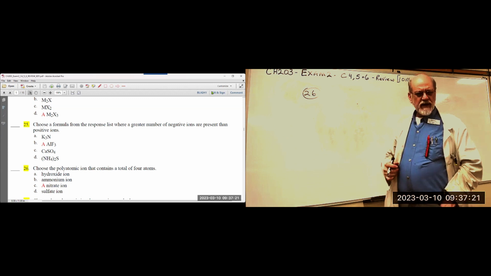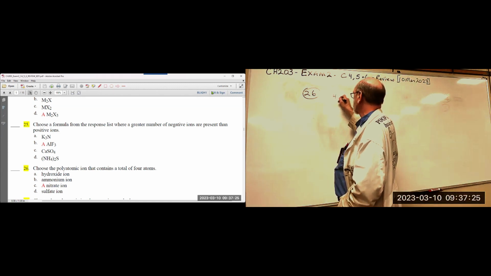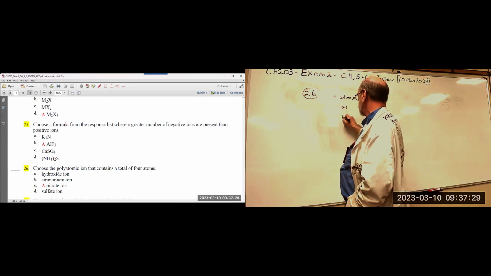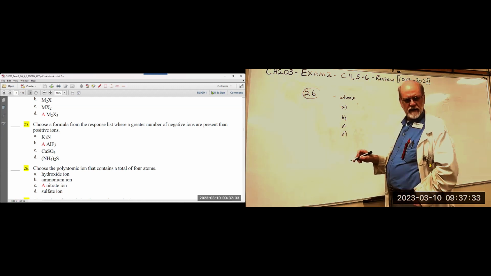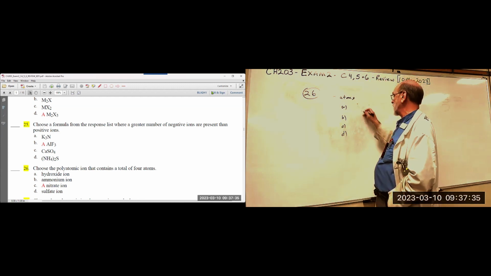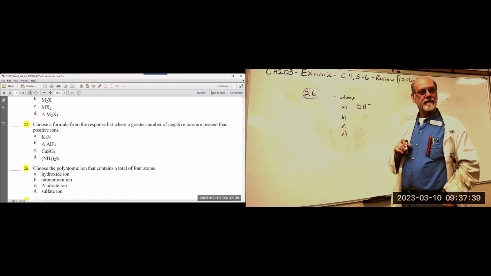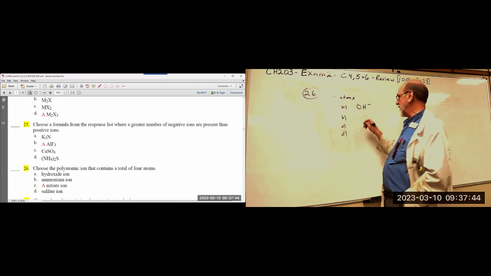Choose the polyatomic ion that contains a total of 4 atoms. Okay, we're looking for 4 atoms in the polyatomic. B, C, and D, I think. So hydroxide ions? That doesn't fit. How about ammonium ions?